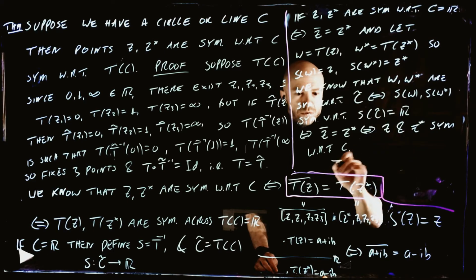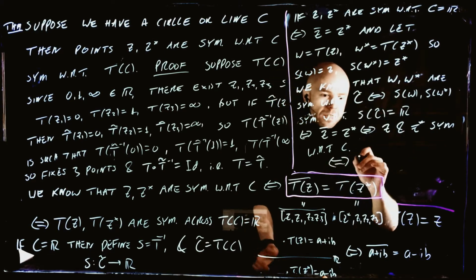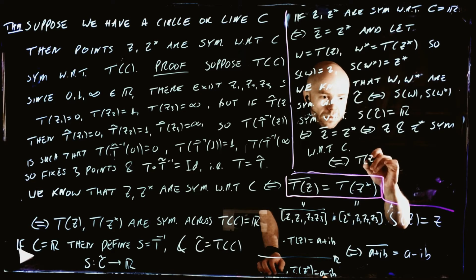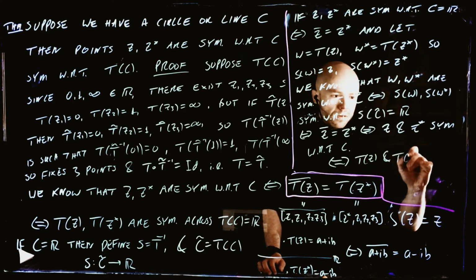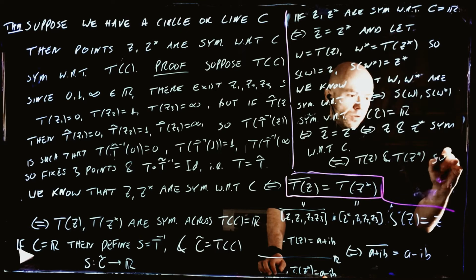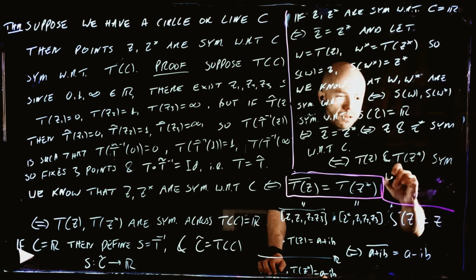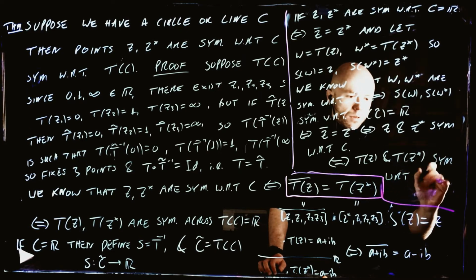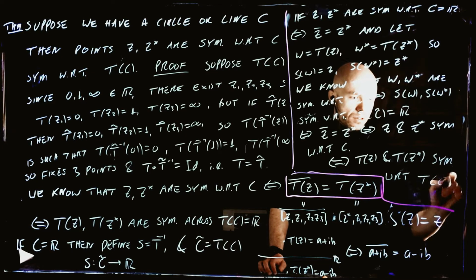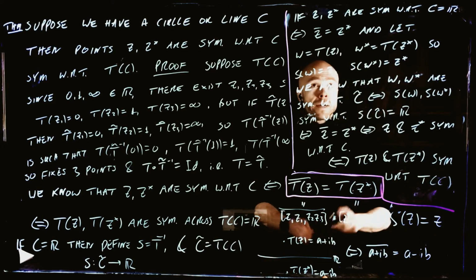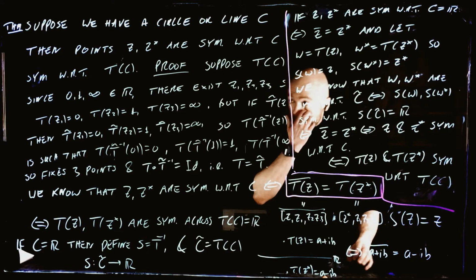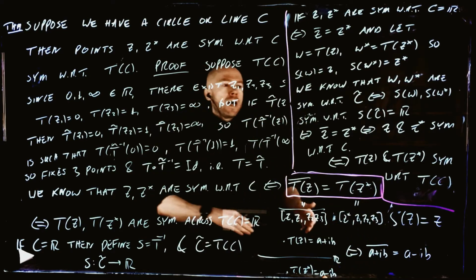Yeah? So putting all these things together, this is the same as saying that T of Z and T of Z star are symmetric with respect to T of C.